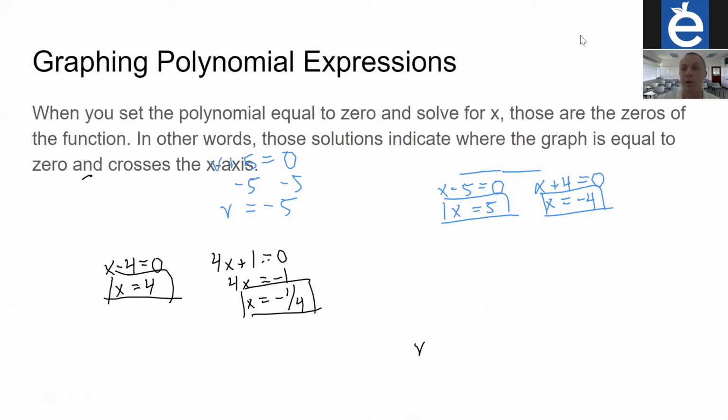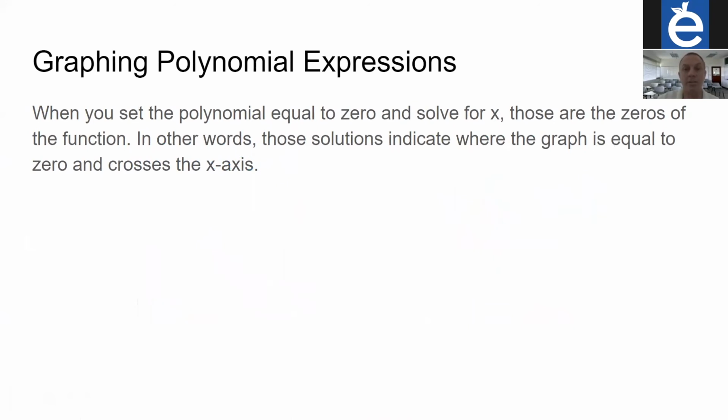We would talk about graphing polynomial expressions, which I alluded to a couple minutes ago. When you set the polynomial equal to 0 and solve for x, those are the zeros of the function. In other words, those solutions indicate where the graph is equal to 0 and crosses the x-axis.